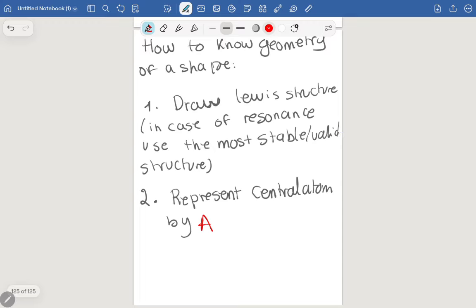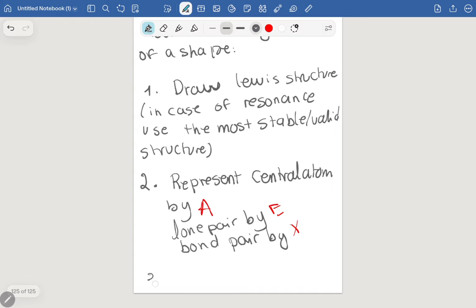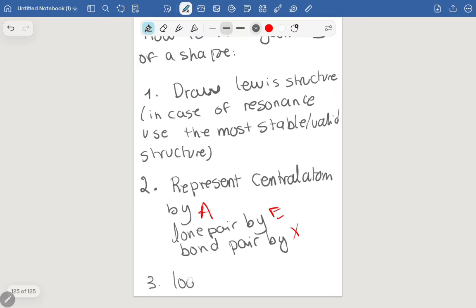Then represent the lone pair by E, and then finally the bonded pair by X. So we will represent the bonded pair by X. Now what's the third and final step? It is to look at the table.